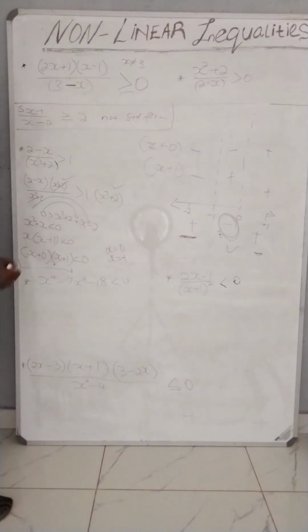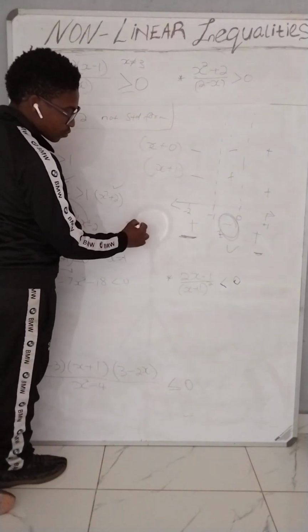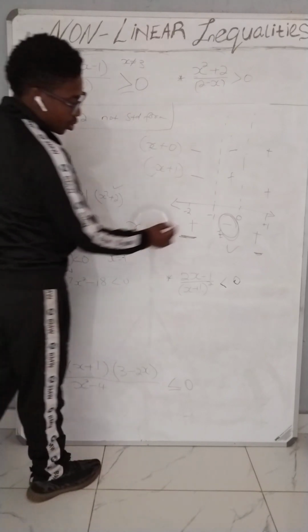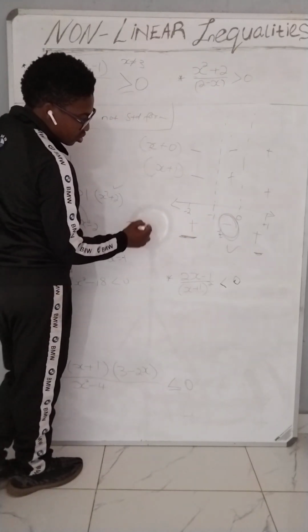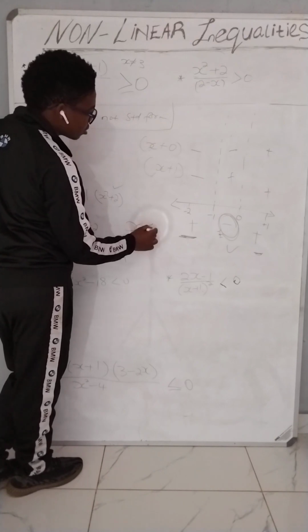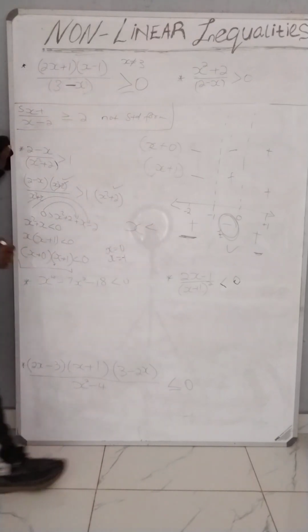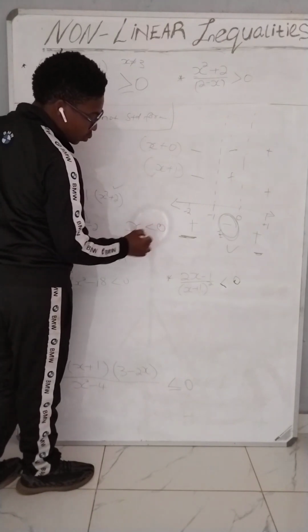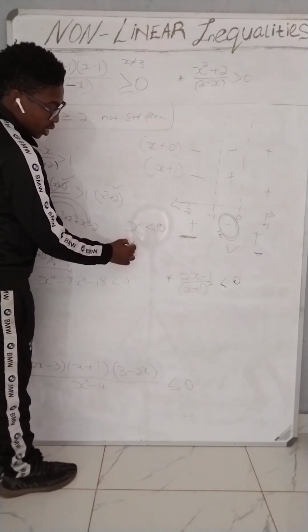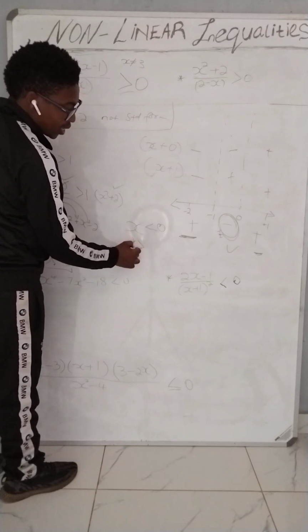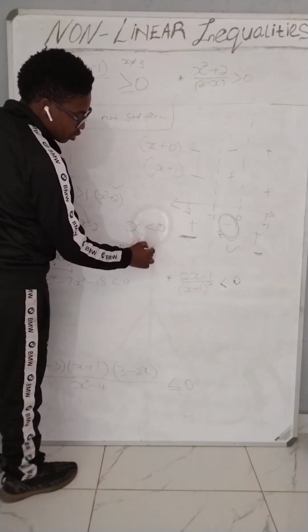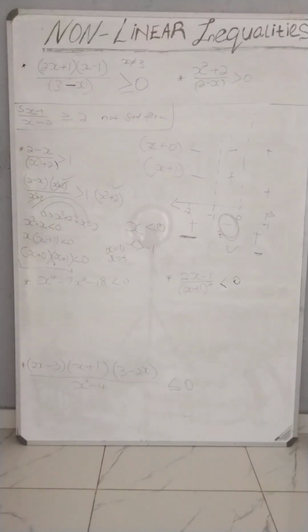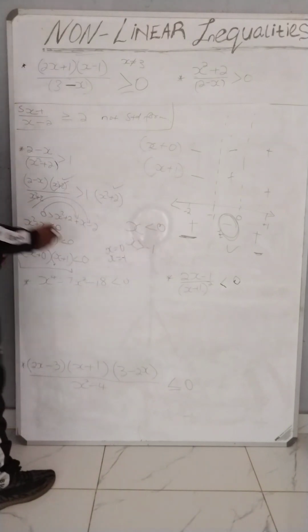So you are then going to say your x is less than 0, but your x at the same time is greater than negative 1. Okay, now question, can we say x is equal to 0?